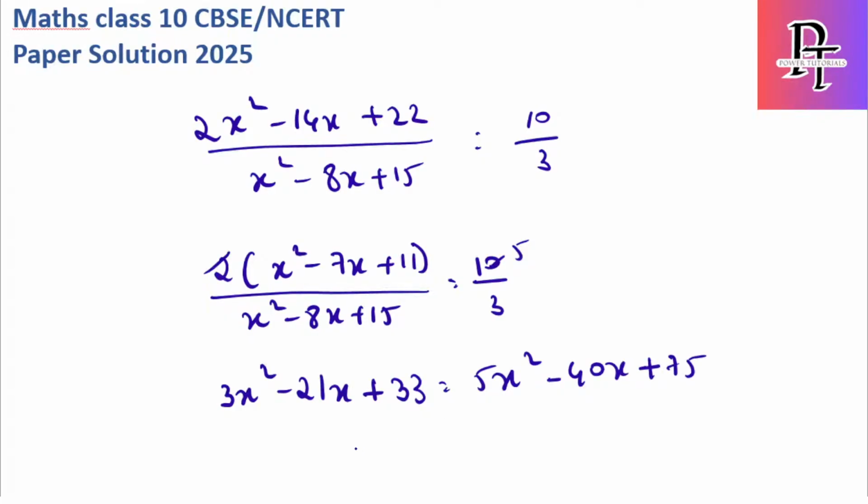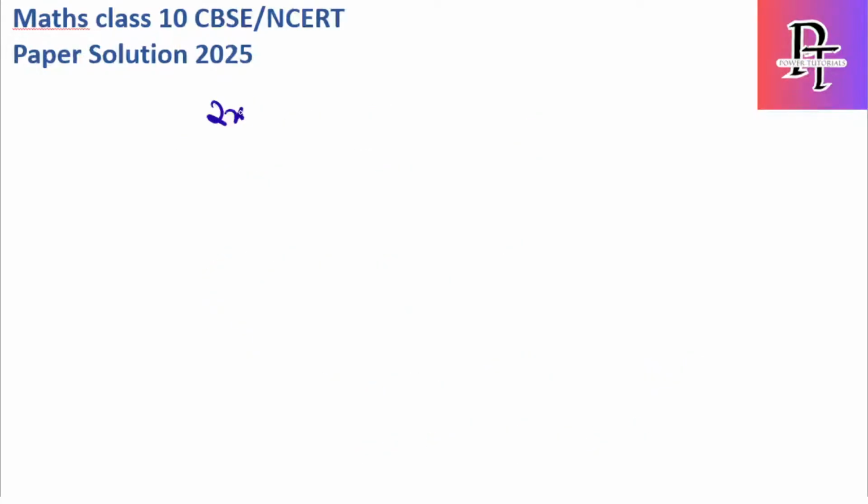So if I take everything to the right hand side, I'll get 5x square minus 3x square is 2x square, minus 40 plus 21 is minus 19x, 75 minus 33 is 42. Okay, so we'll get the equation as 2x square minus 19x plus 42 is equal to 0.